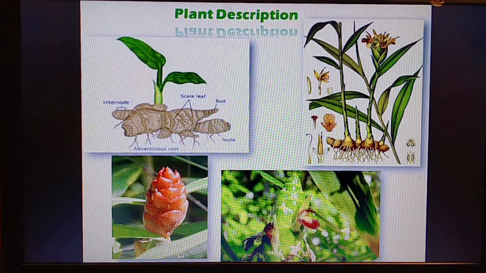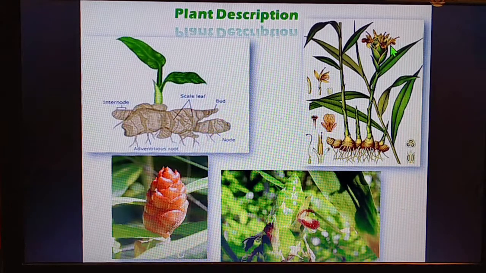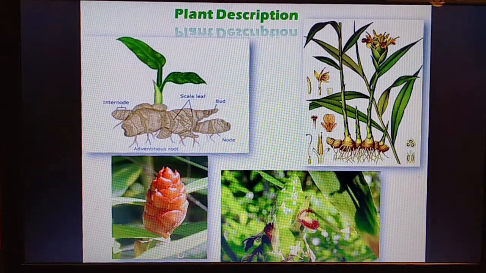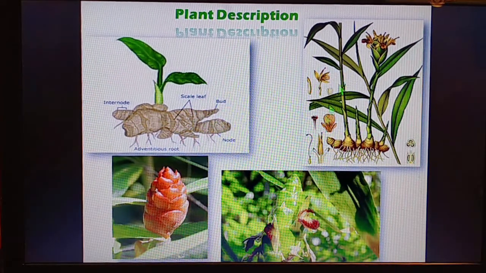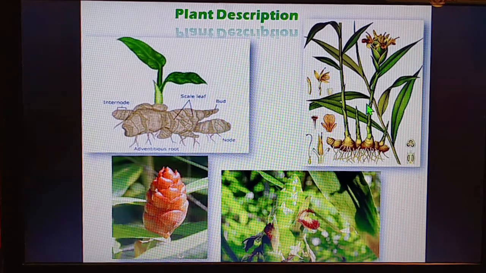The fertile stamen has a slender filament with a 2-celled anther, and the ovary is inferior.